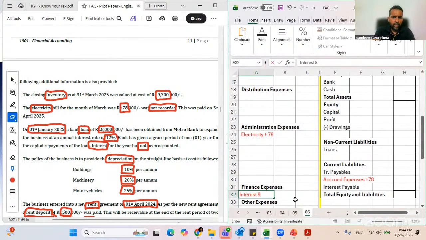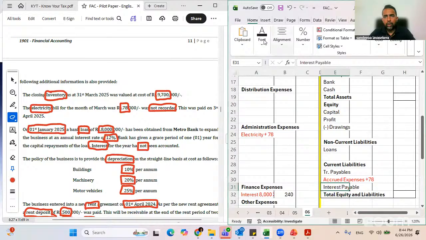It's a loan of 8,000 at an interest rate of 12% for how many months? 3 months. So 8,000 into 12% into 3 months. 240.